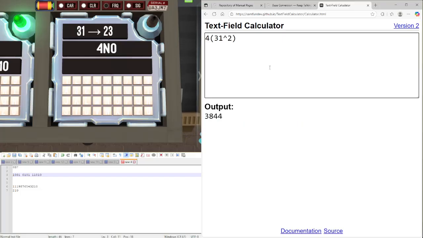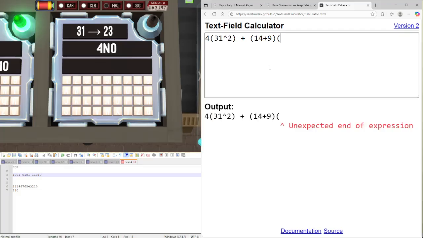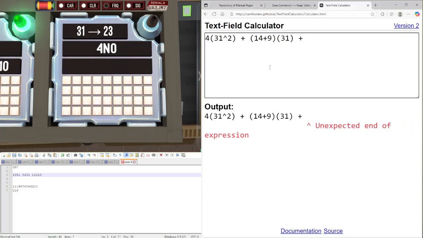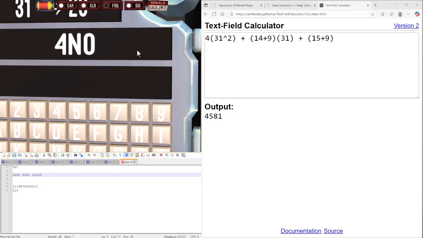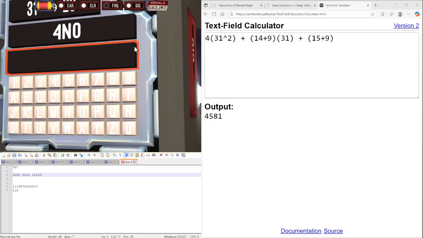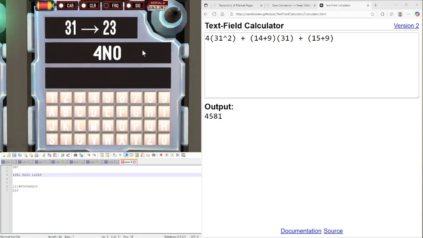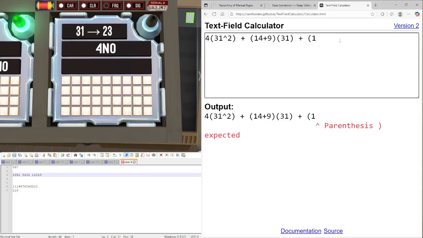Again, 3 digits, the leftmost one is digits minus 1, so power of 2, plus N, which is going to be 14 plus 9, times 31, plus just 15 plus 9, which is O. Oh, that's a 0. I think that might be a 0 actually.